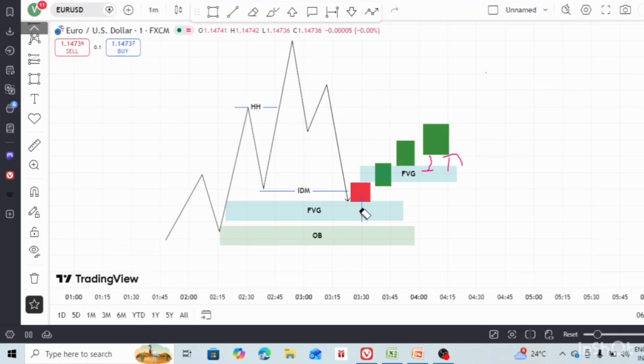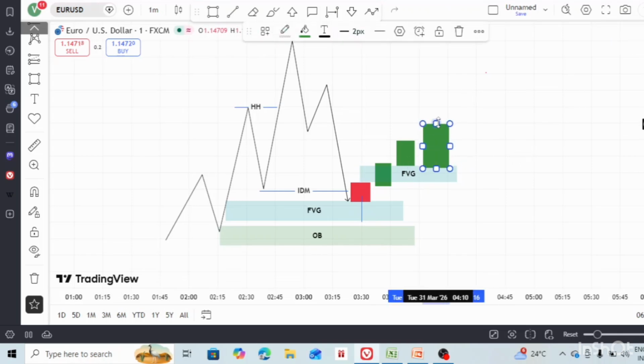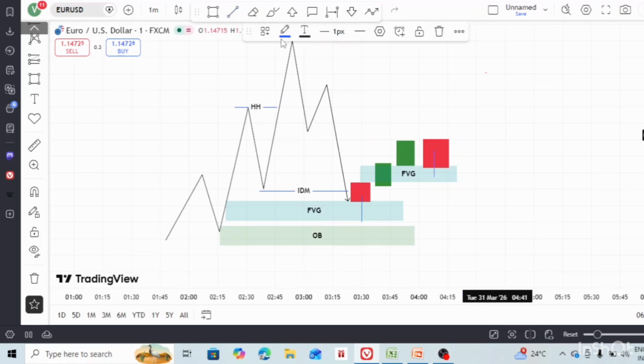And also here, if the market mitigated the gap, so this fair value gap, say bearish, has been mitigated, and then it created another gap to the upper direction here.